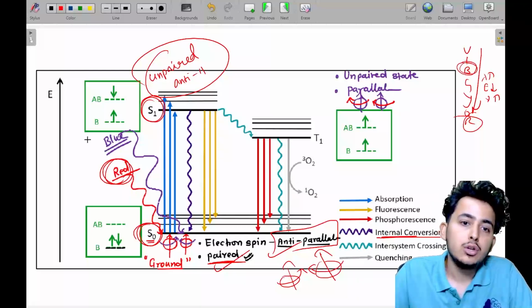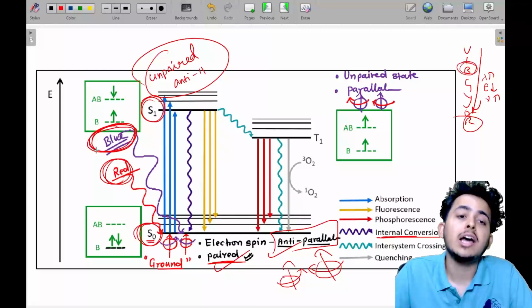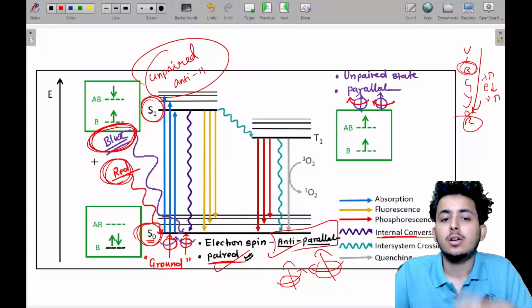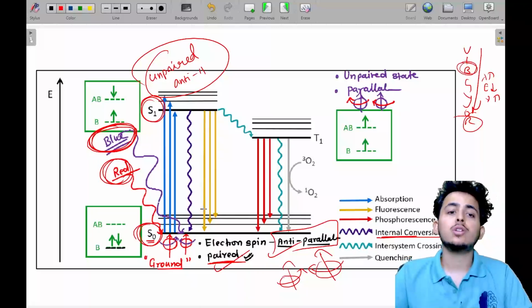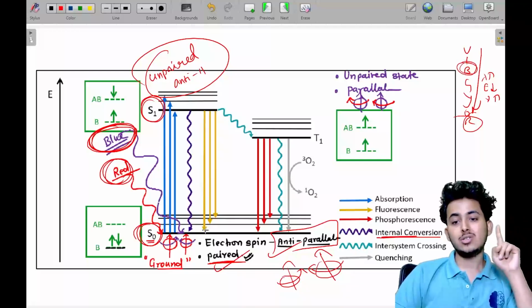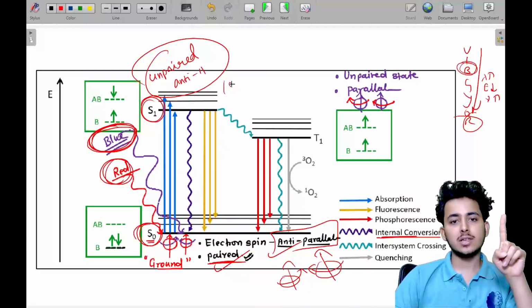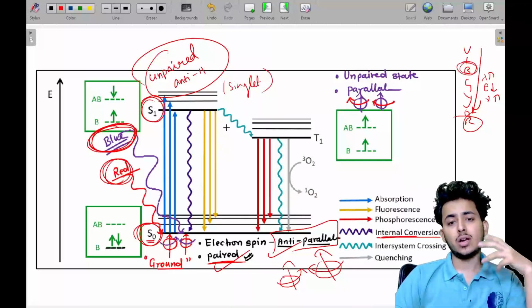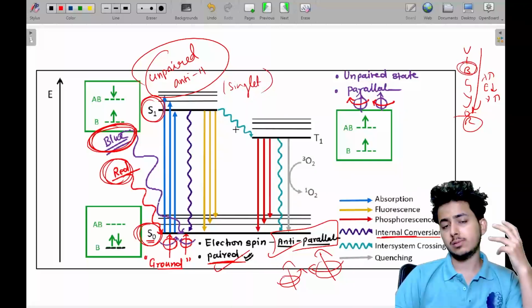But when you have light of higher energy, let's say blue light, it will cause the electron transition to another state, that is not the singlet state. S1 was the singlet state, and it was short lived. Now the electron will transition to higher energy level states.